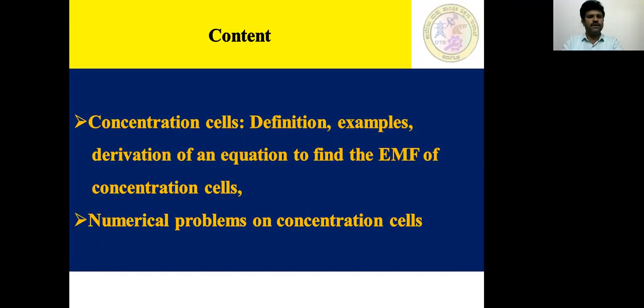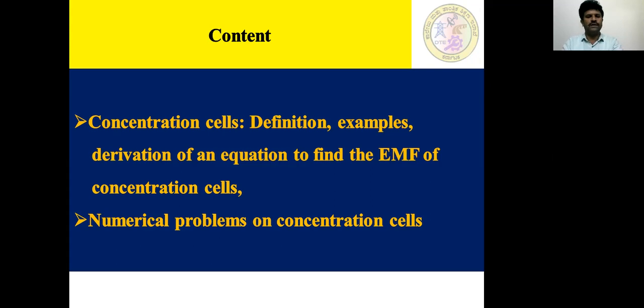In my previous session, I explained about ion selective electrodes, in which definition and example of ion selective electrode, different types of ion selective electrodes with examples, construction and working principle of glass electrode, and determination of pH using glass electrode.